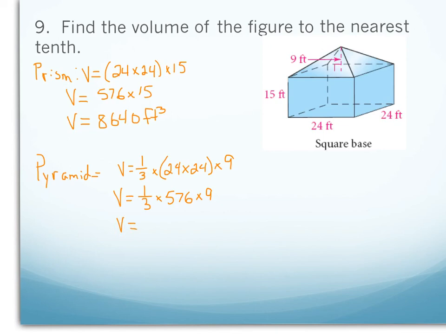And then simplifying, we get the volume of the pyramid is 1,728 feet cubed. Then to find the volume of the entire figure, we're going to add our two volumes together. So we get the volume of our figure is 10,368 feet cubed.